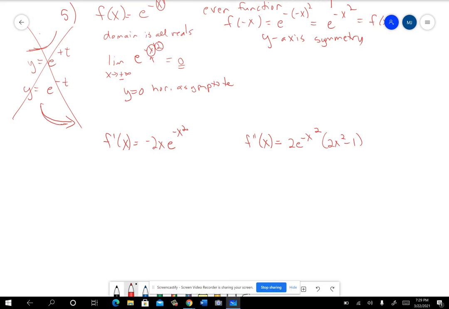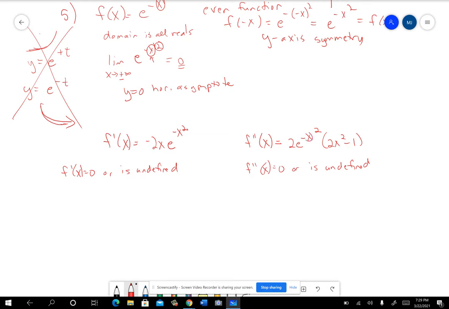All right, so possible maxes and mins would be where this equals 0 or is undefined, but it's never undefined. And then possible inflection points would be where this equals 0 or is undefined.